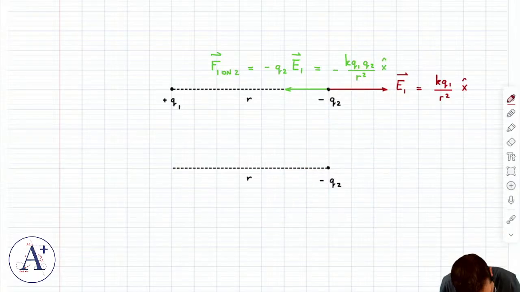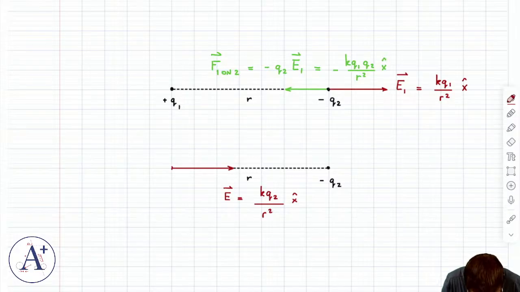In particular, at this location right here, where I'm eventually going to place Q1, I'm going to get E2, and E2 in magnitude is going to be K Q2 divided by R squared X hat.